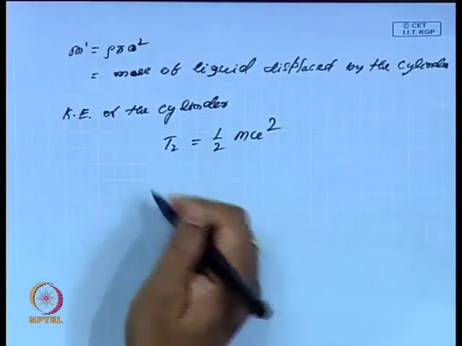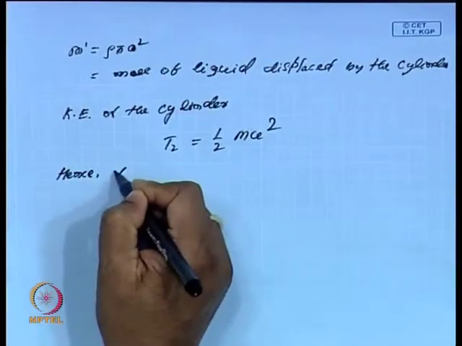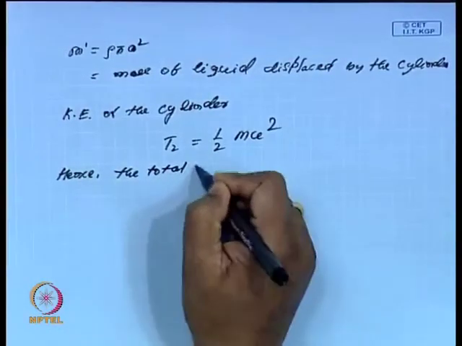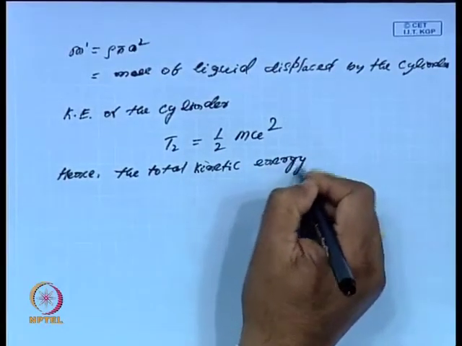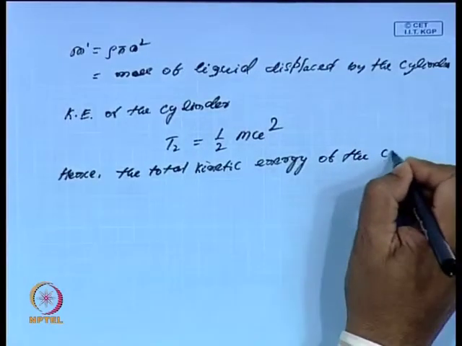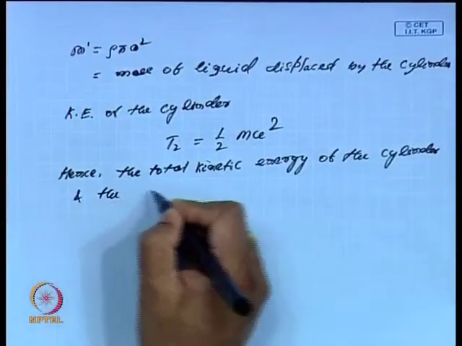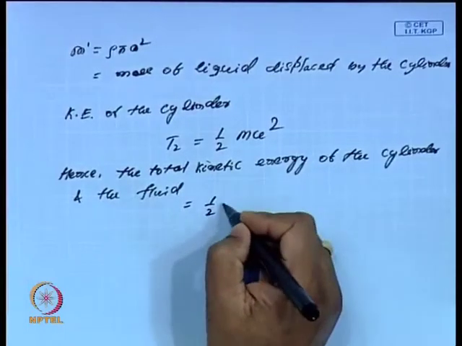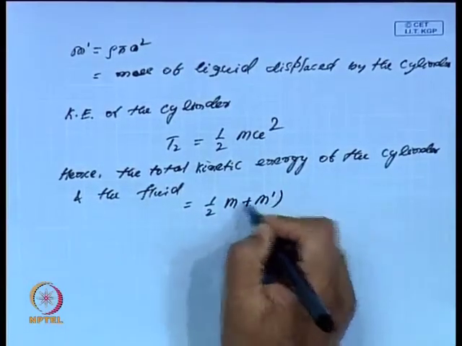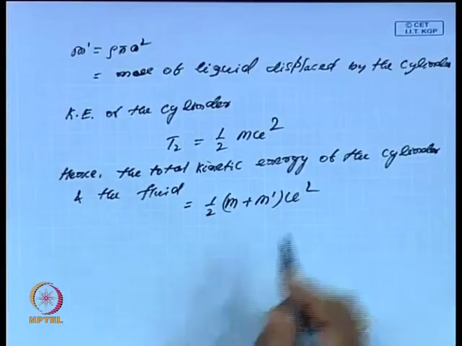So the total kinetic energy of the cylinder and the fluid will be half of m plus m prime into u square. This becomes the total kinetic energy of the cylinder and the fluid.